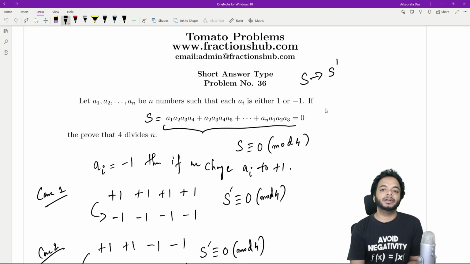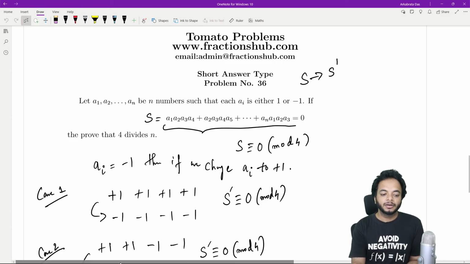If I change a particular -1 to +1, the sum under modulo 4 is not changing. If you keep on changing all the -1s to +1s, there are n such products. If all the ai's are finally positive ones, each of those products will be +1, and thus the sum will come out to be n.